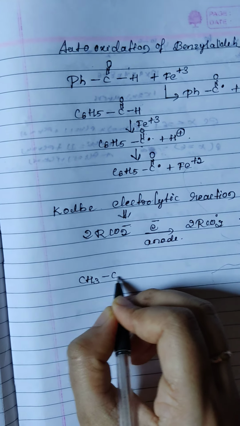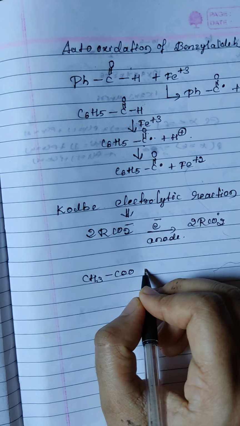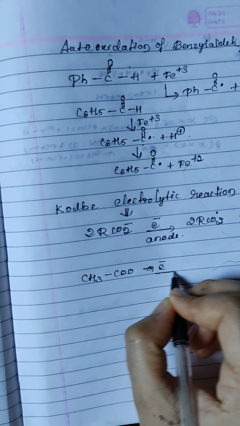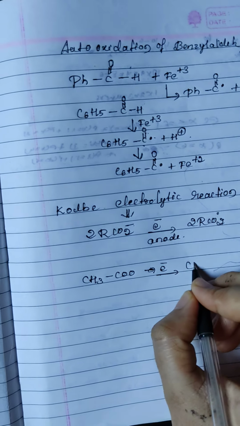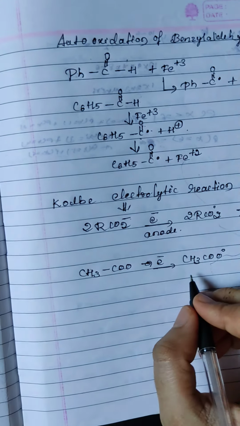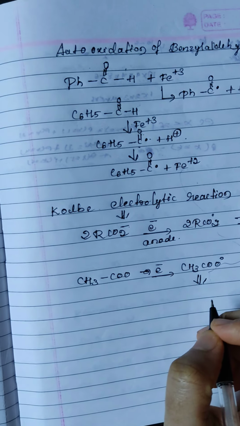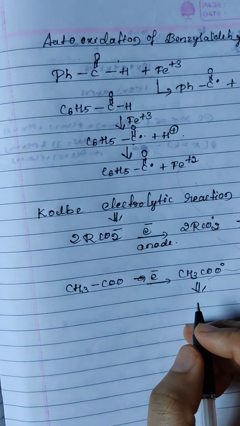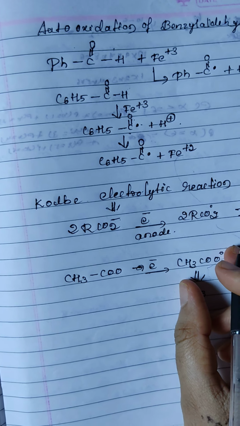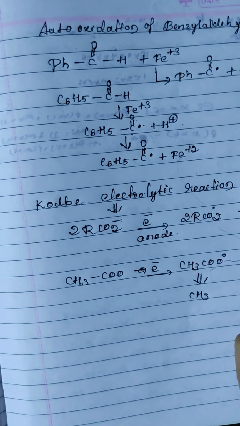Okay, under anode conditions, take acetate, CH3COO, with electron transfer. What free radical will be formed? CH3CO. Another way to simplify it: the free radical CH3, with the CO bond, and another CH3.